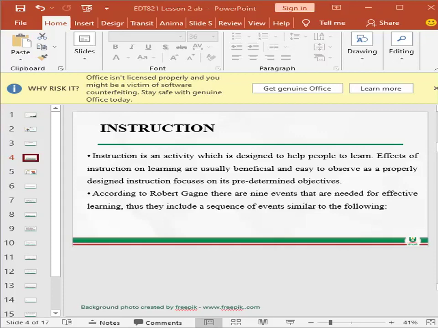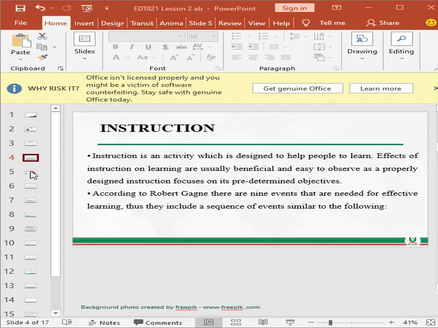According to Robert Gagne, there are 9 events that are needed for effective learning.